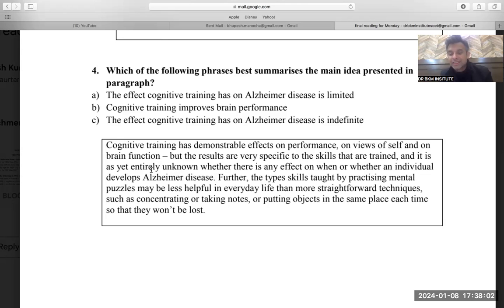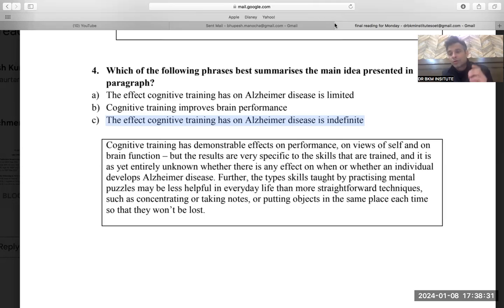And that is what it is saying: it is not definite, it is entirely unknown, it is entirely indefinite. So that is how you need to catch the words. By chance, if you have done B, I still will not mark you wrong, because it is not proper elimination. But the main line was that it is entirely unknown. That means there is an indefinite effect that cannot be defined. You can't define it because you don't know it.